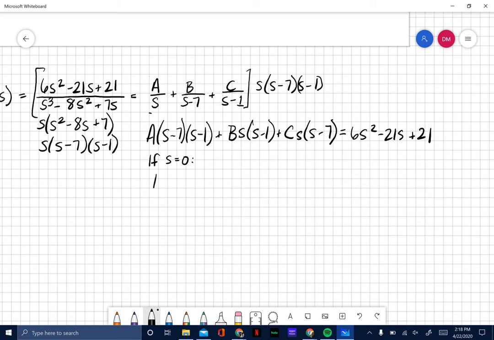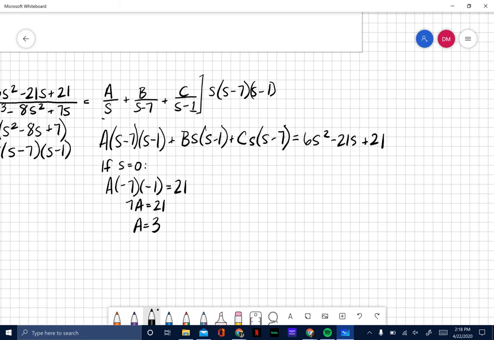In that case, I would get A times negative 7 times negative 1, and on this side over here, each of these terms would also cancel and give me 21. This one's nice because this is just saying 7A is equal to 21, which means I've already solved for one of my numerators. A is equal to 3 here.